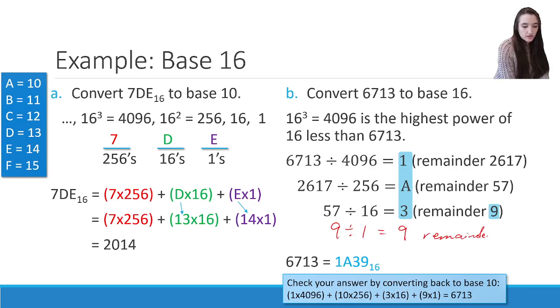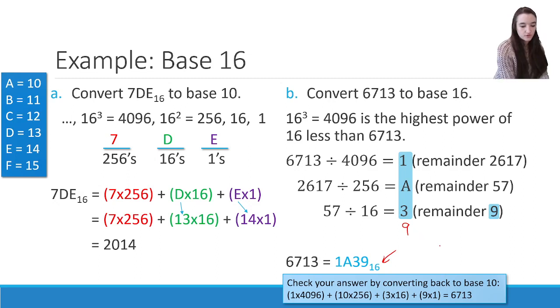Once we get to that 1's place, we can just know that it's going to be that number. I didn't write it here, but you can do that last one if you want to, just to make sure. But we get 1A3, then that 9: 1A39, and we write the subscript 16 to say, yes, this is base 16.